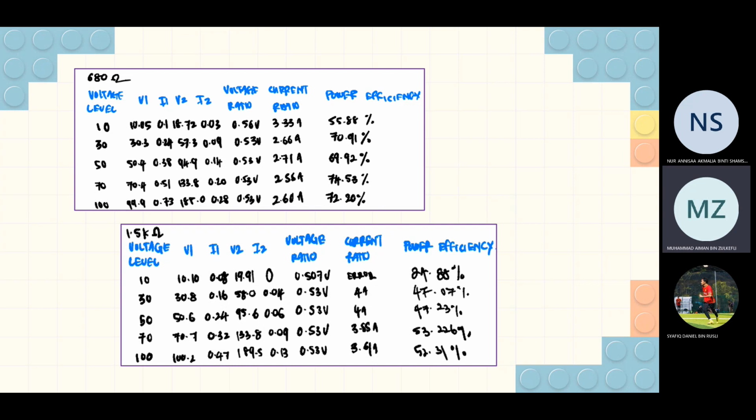Voltage ratio is 0.53, current ratio is 4, and the power efficiency is 47.007%. For 50 voltage level, V1 we get 50.6, I1 we get 0.24, V2 95.6, I2 0.06, voltage ratio 0.53, current ratio 4, power efficiency 47.23%.